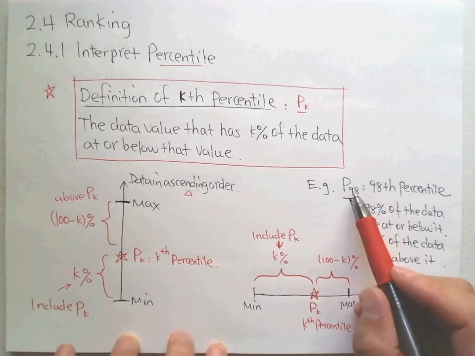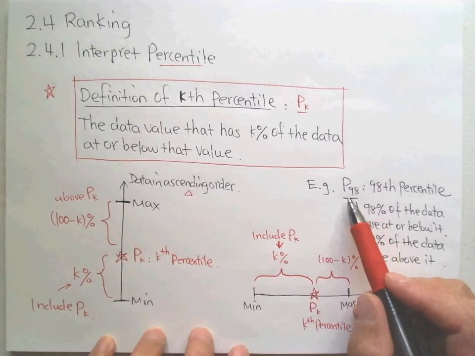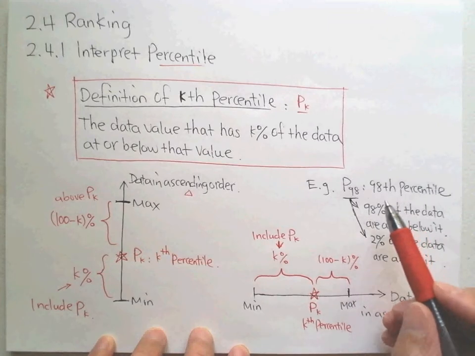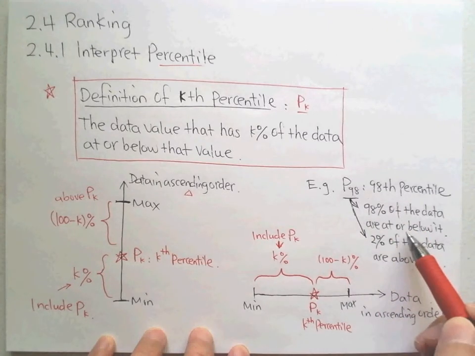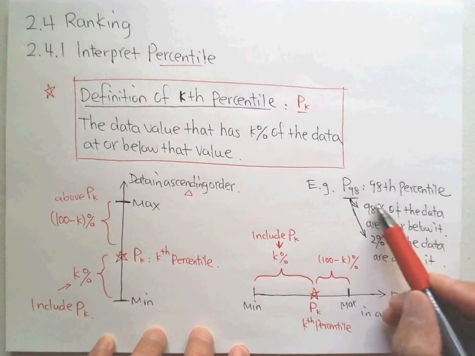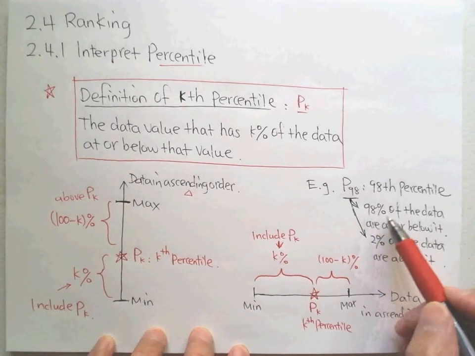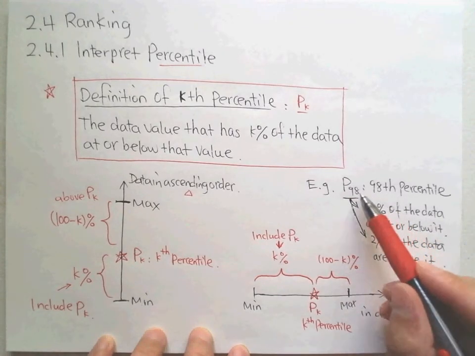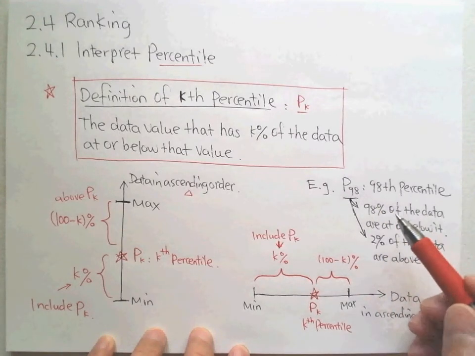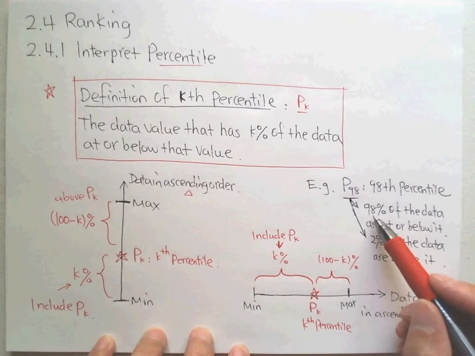P98 means the 98th percentile. How many percent of the data are at or below P98? Of course, 98%. 98% of the data are at or below this value. So how many percent of the data are above? 100 minus 98 means 2%.